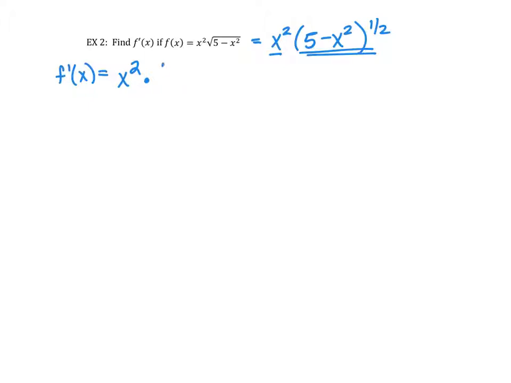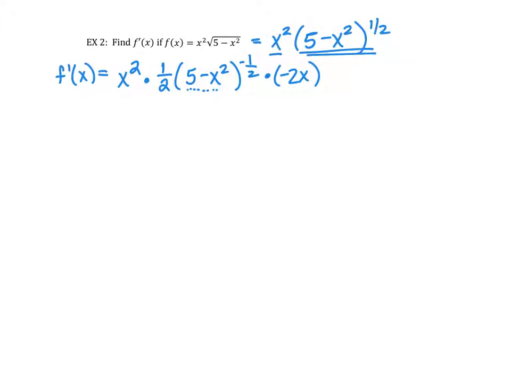I have to think power to the front, decrease the power by 1, but I can't stop there, times the inner derivative. So the inner derivative is negative 2x. That's the chain rule part.